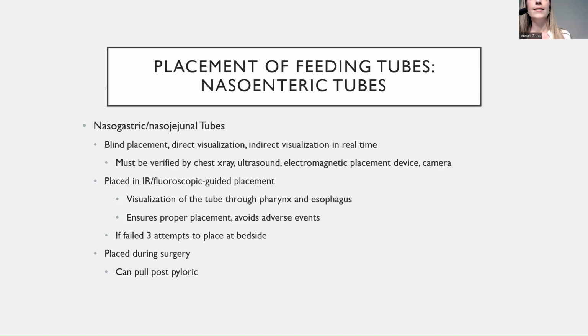So these can be placed in various different ways. So nurses will a lot of times place NG tubes at the bedside. They'll also place NJ tubes at the bedside. Also under direct visualization or indirect visualization in real time. These must be verified in pretty much every hospital by either chest X-ray, ultrasound, or electromagnetic placement devices.